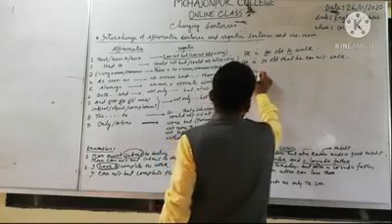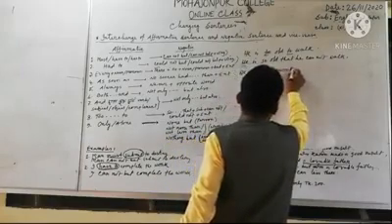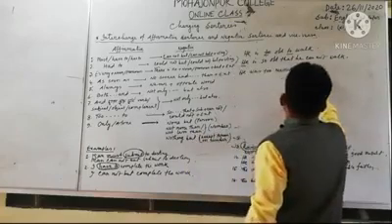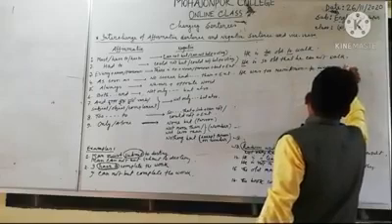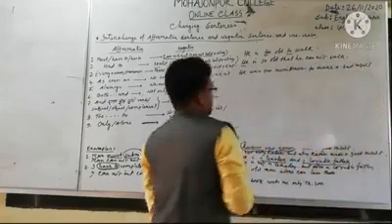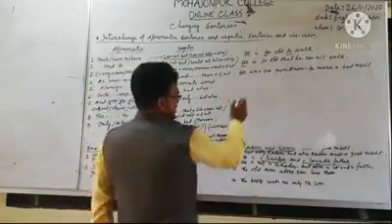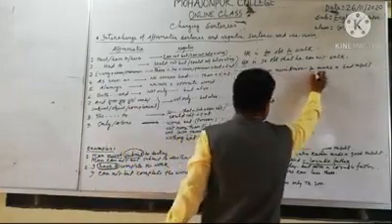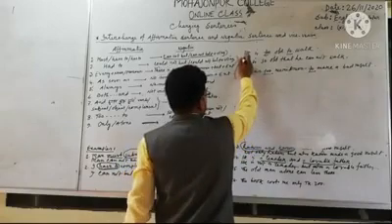He was too meritorious to make a bad result. Just see, my dear students, here "too" and then "to", so we can make it negative just like this way.